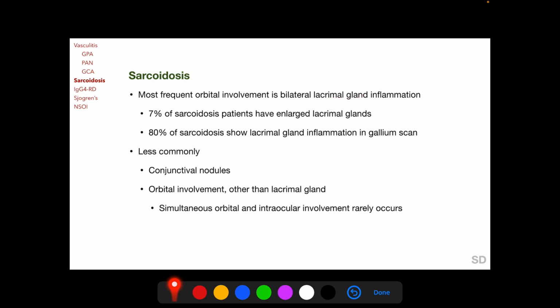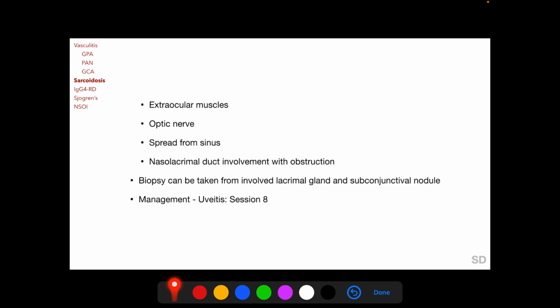7% of all sarcoidosis patients have palpable enlarged lacrimal glands, but 80% of all sarcoidosis patients show lacrimal gland inflammation in gallium scan. Less commonly, there can be conjunctival nodules, orbital involvement other than the lacrimal gland, extraocular muscle involvement, optic nerve involvement, spread from the adjacent sinuses, and nasolacrimal duct involvement with obstruction of the nasolacrimal duct.